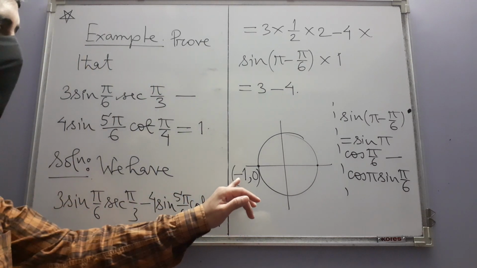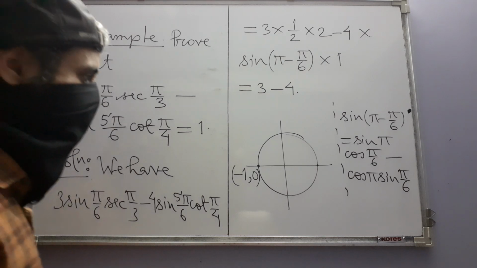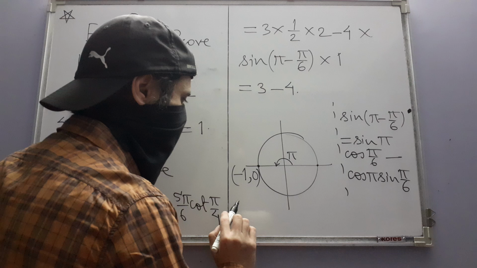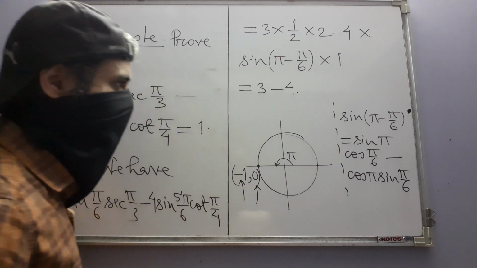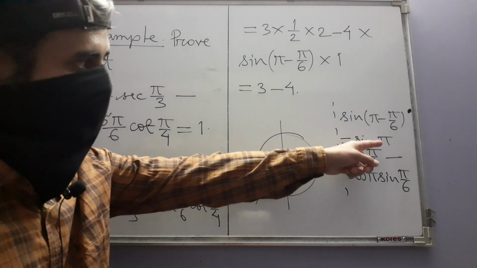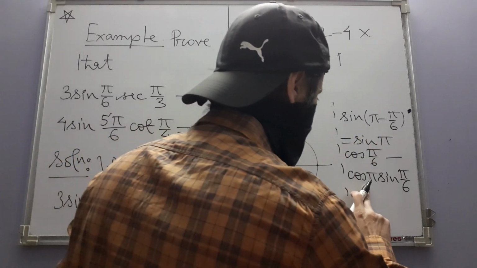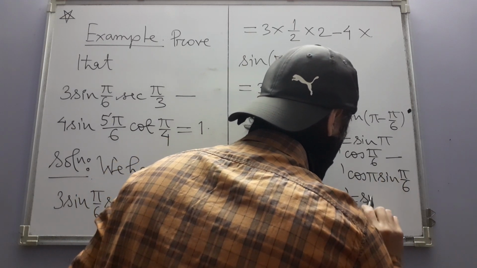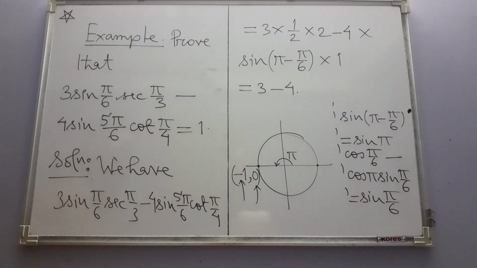The x coordinate is cos theta, y coordinate is sin theta value for this angle pi. And that's how cos pi is -1 and sin pi is 0. So that means this first term sin pi cos pi over 6 will vanish. And cos pi is -1, that minus and this minus will give you plus. So this is just sin pi over 6.